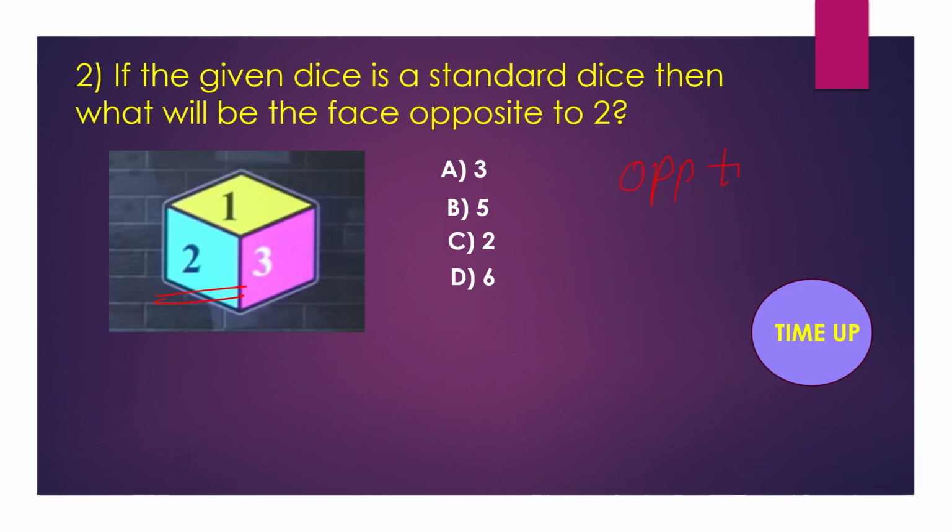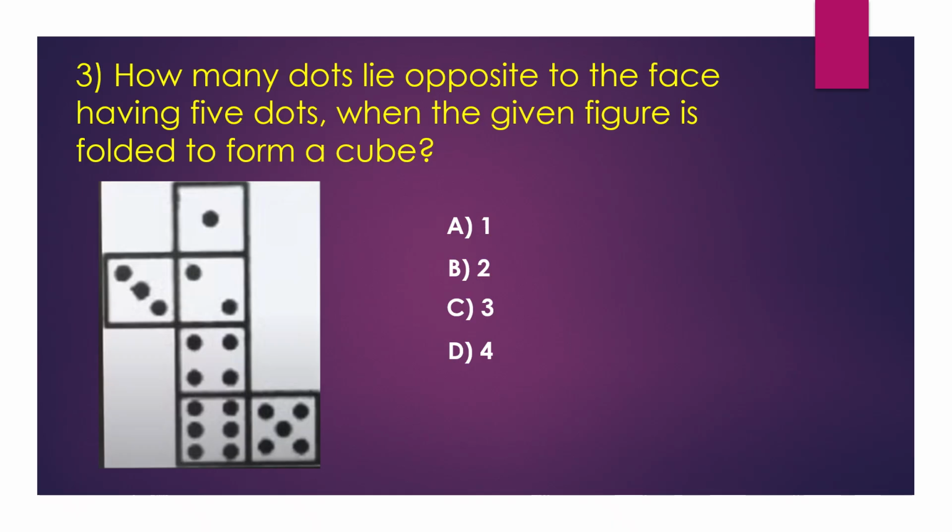Opposite to 2. So the sum on a standard dice is 7. 7 minus 2, it will give me 5. Okay, so 2 plus 5 will give me 7. So what is the opposite of 2? It will be 5. Correct? So the answer is B, that is 5. Hope you understood this. Third question on your screen and your timer starts now.